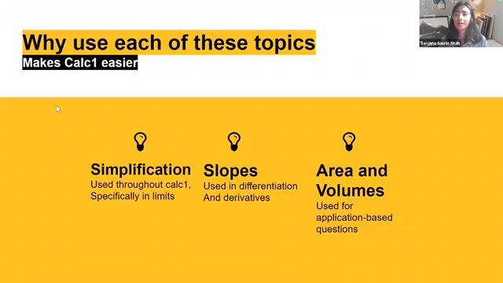To summarize the entire presentation, I would like to go back and explain why I included each of these things, or why they are the hacks for Calc 1. Of course, simplification would be used everywhere in Calc 1, Calc 2 and Calc 3. A basic knowledge of these identities would make you see the question slightly differently.